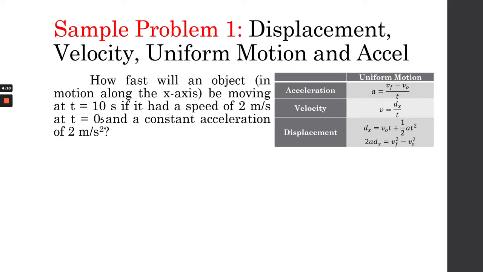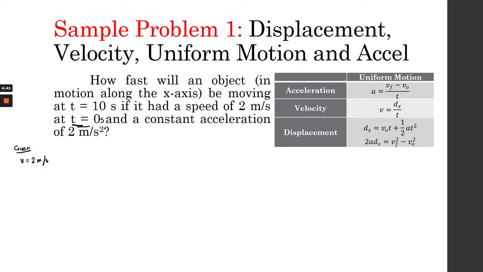So let's begin by writing our givens. For this problem, we were given that the speed of the moving object is 2 meters per second, so its velocity is equal to 2 meters per second, and this is the velocity at time equals 0 seconds.